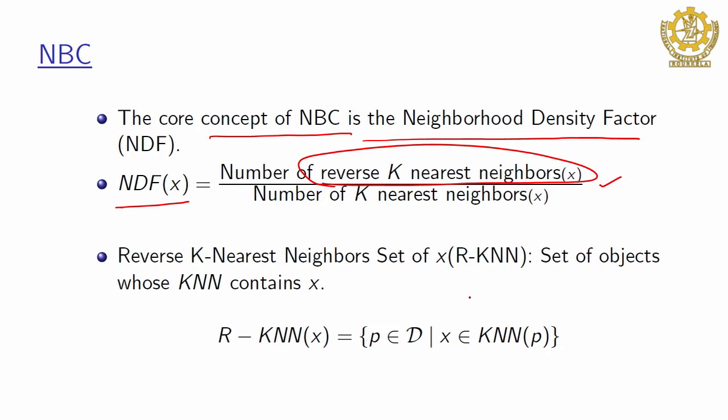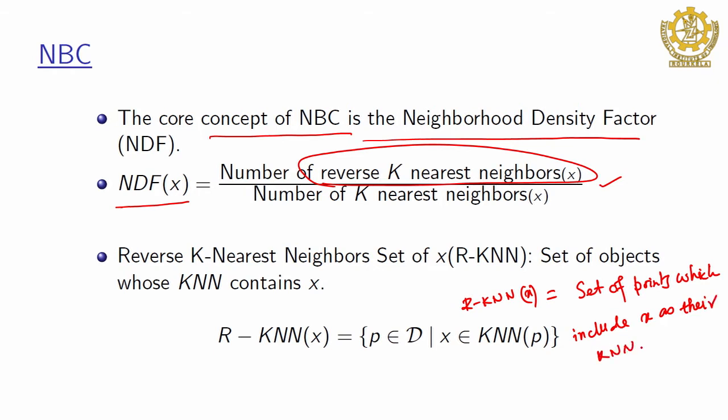The reverse kNN of a point x is nothing but the set of points, the set of objects, which include x as one of their k nearest neighbors.